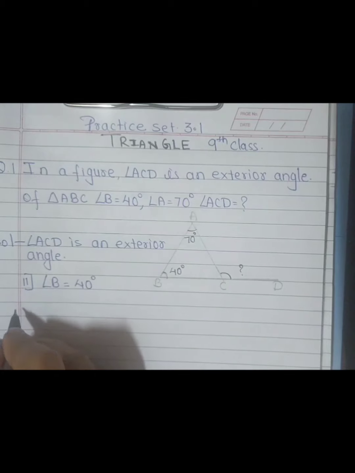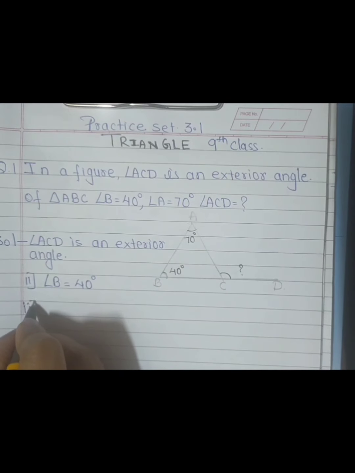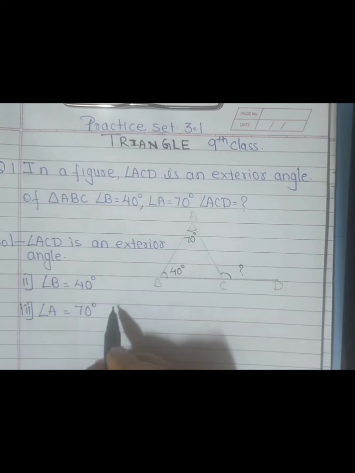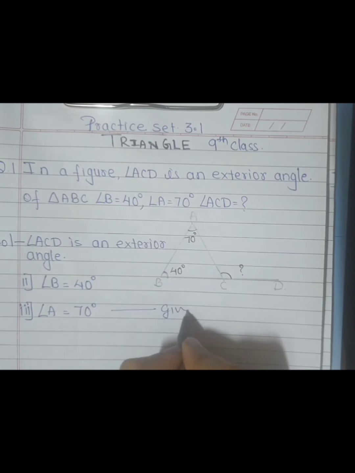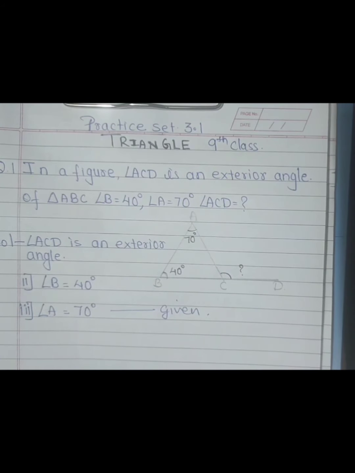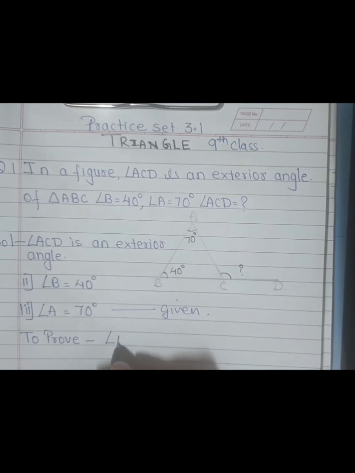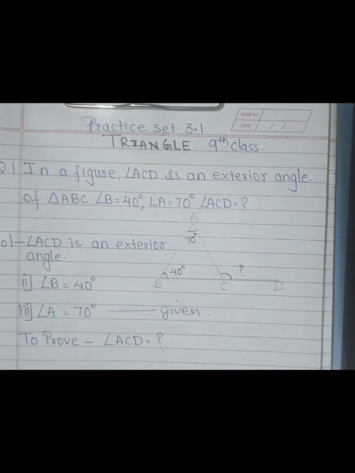Okay, and the third point is given angle A is 70 degree. It's all given in question itself. Now what we have to prove? To prove angle ACD. Okay, we have to prove angle ACD here.